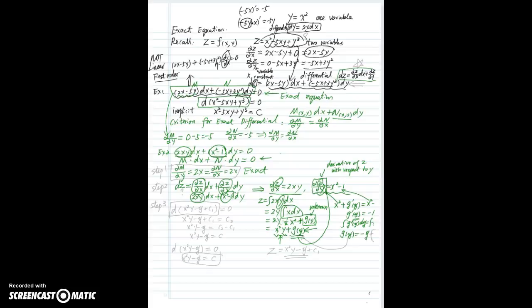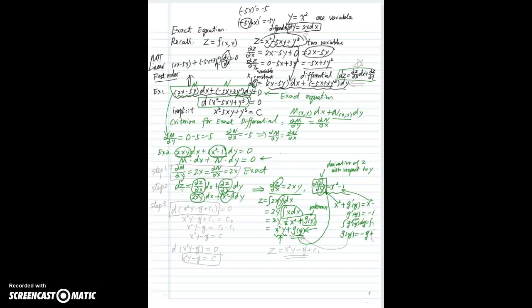But now in this section, we need to go backwards. We know the differential, this answer, 2x minus y times dx plus -5x plus 3y squared times dy. But we don't know this z function.